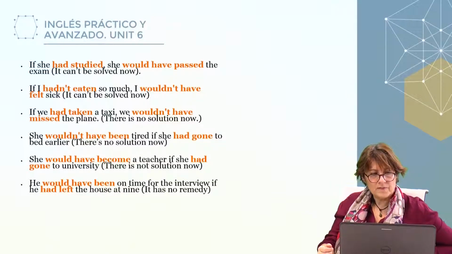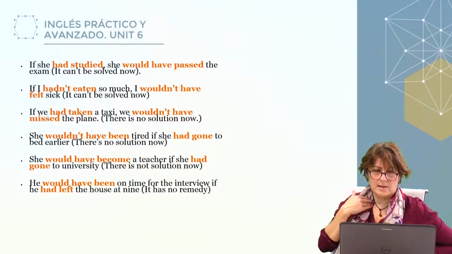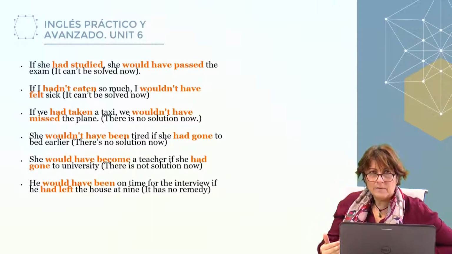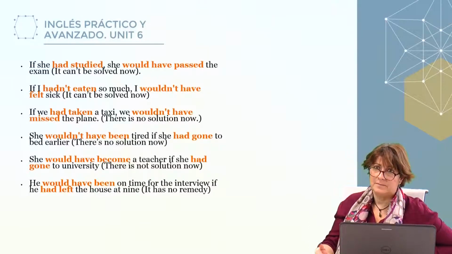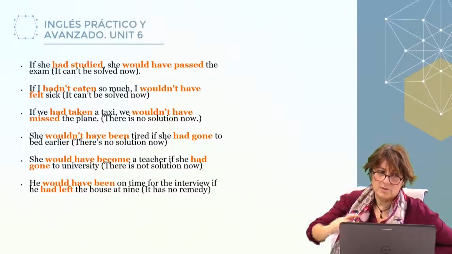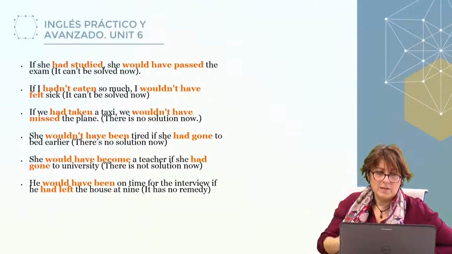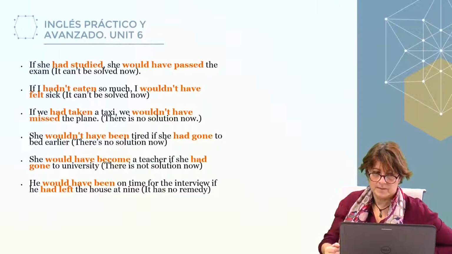The other one, for example, if we had taken a taxi, we wouldn't have missed the plane. Imagine that my exercise is, I missed the plane because I didn't take a taxi. Okay, so the third conditional should be, if we had taken a taxi, we wouldn't have missed the plane.